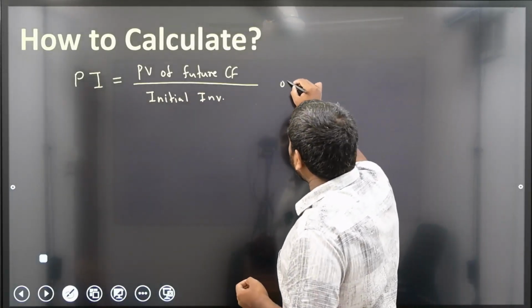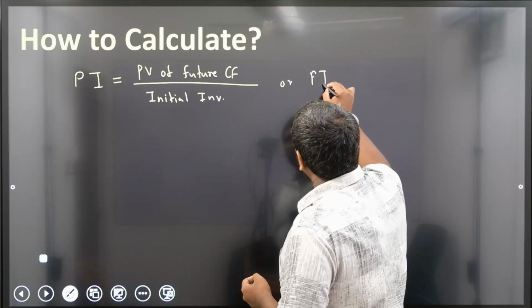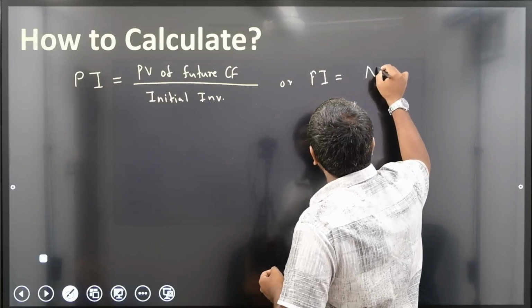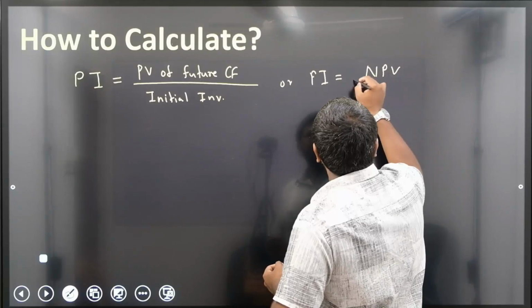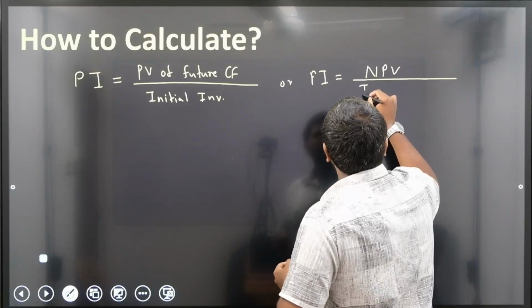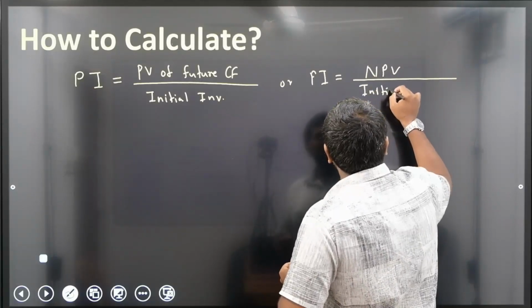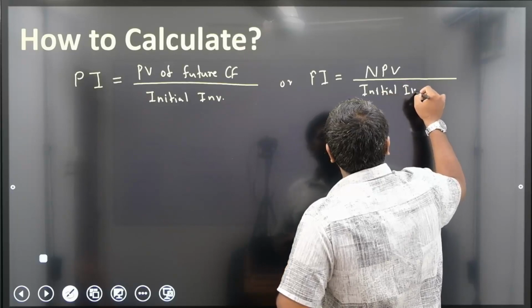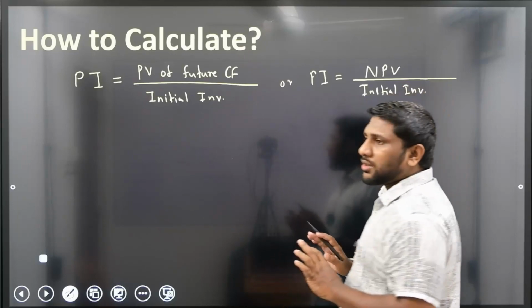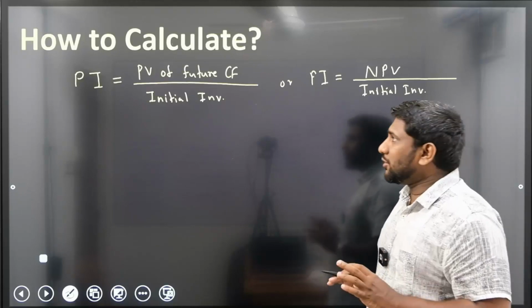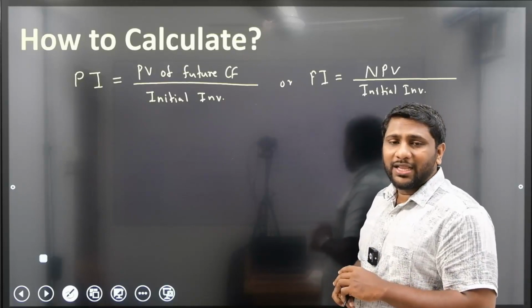Or, to calculate the profitability index, you can use the NPV of the project divided by the initial investment. So you can use both formulas, both ratios, to calculate the profitability index.